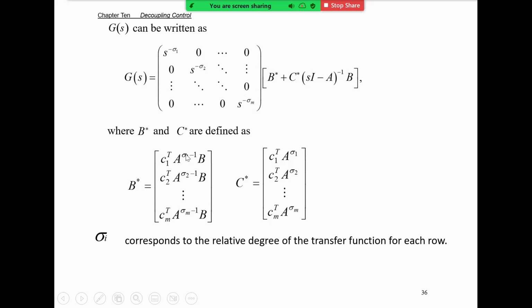If you don't know the relative degree, you don't know how to compute the B star, because B star is defined by A, B, C, and the relative degree. Also, the C star depends upon the relative degree, so you have to get the relative degree correctly. The B star corresponds to the leading coefficients of the zero polynomials.